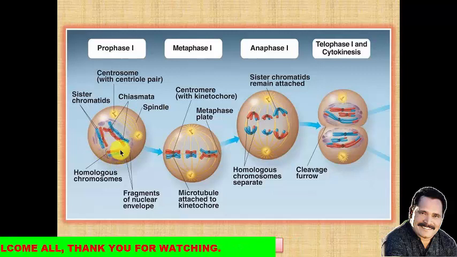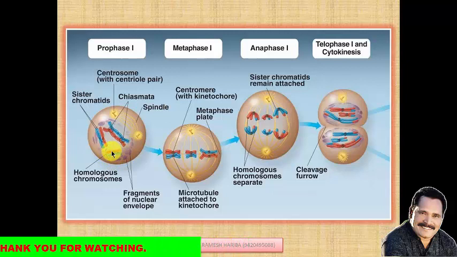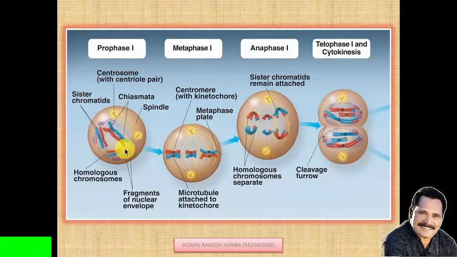Here we see the homologous chromosomes; here is a pair of homologous chromosomes. The centrioles get separated and move towards the opposite poles of the cell in prophase first. In prophase there are 4 phases: leptotene, zygotene, pachytene and diplotene.